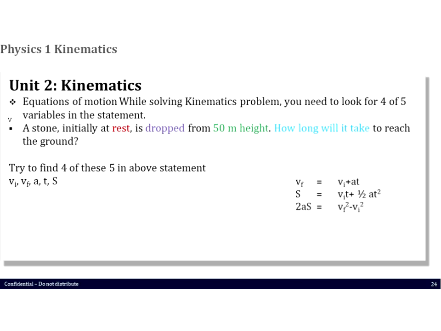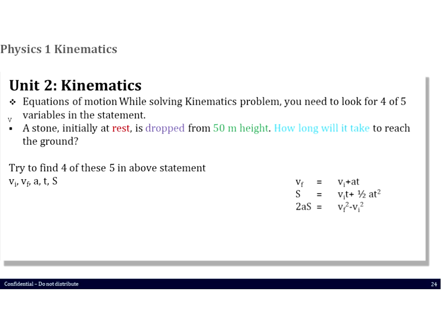So for Earth, g is 9.8 meter per second squared, but for physics 1 and physics 2, we keep it simple, 10 meters per second squared. Now, if you use 9.8 meter per second squared, you may not be able to find the option that is in the exam. So make sure you use 10 meter per second squared, not 9.8.